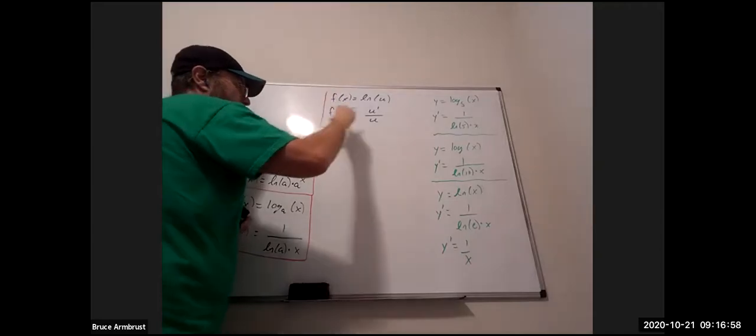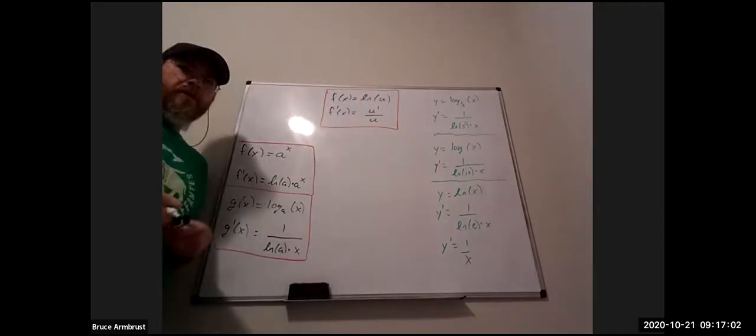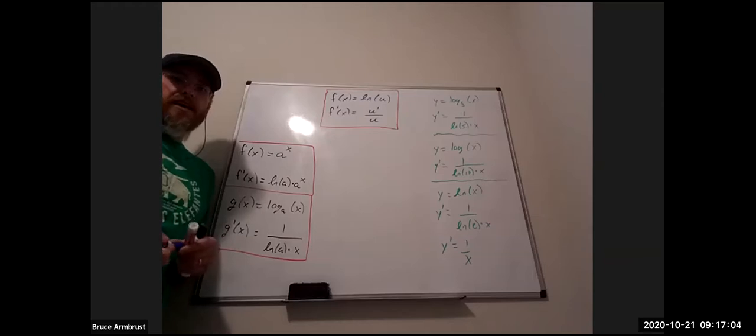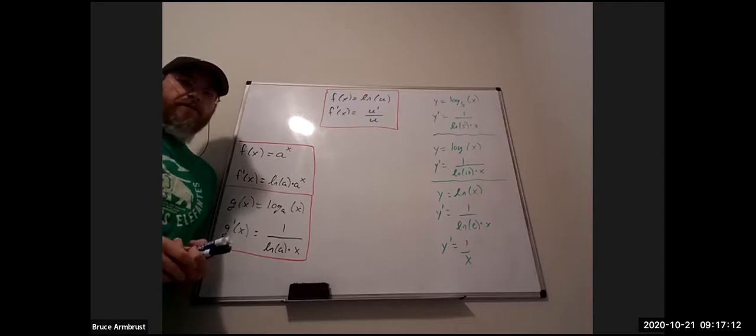So I guess I would call that the general log rule. So if you've got log of stuff, the derivative is just the derivative of that stuff over the stuff.